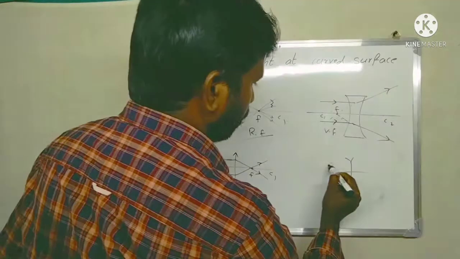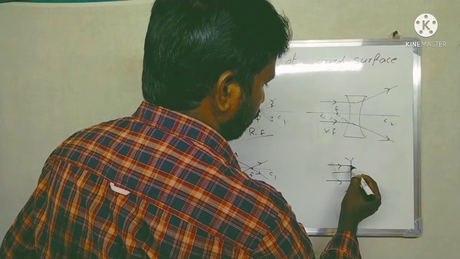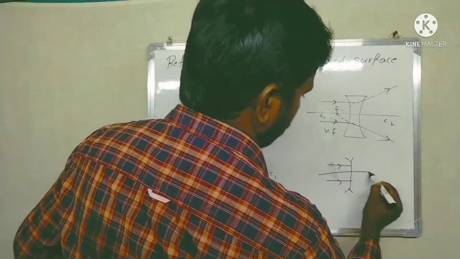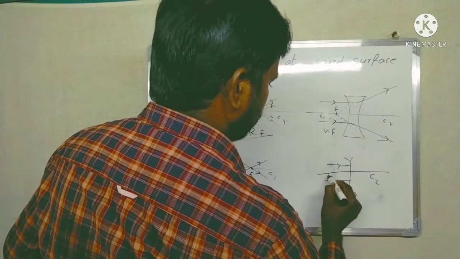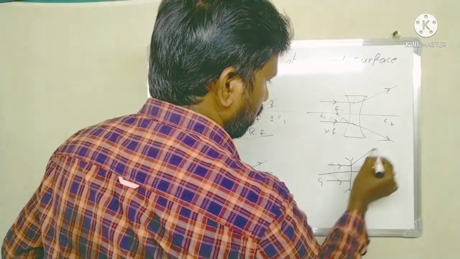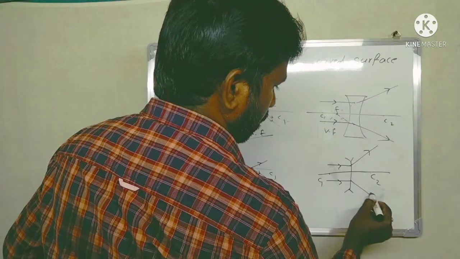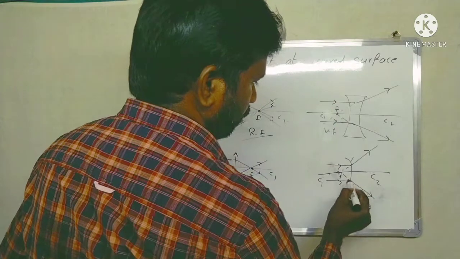And for this one also, C2, C1. Now the refracted rays appear to pass through the focus.